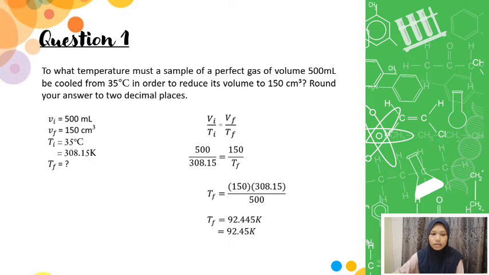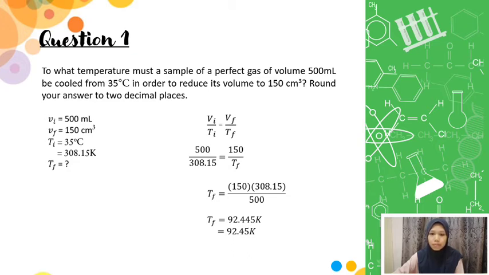Then we use the formula in the middle of the slide, which is V1 over T1 equals Vf over Tf. We insert all of the information, bring Tf, which is the unknown, to the left-hand side and all of the numbers to the right-hand side, and then we calculate it.